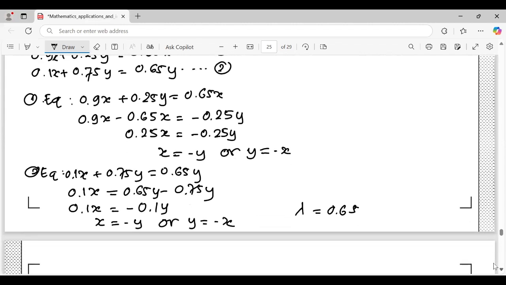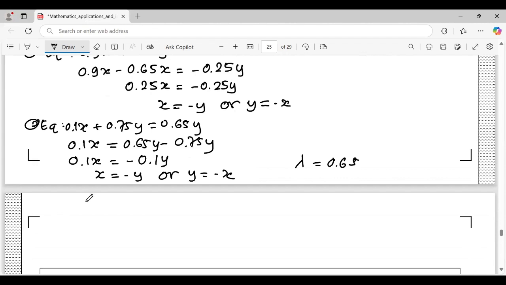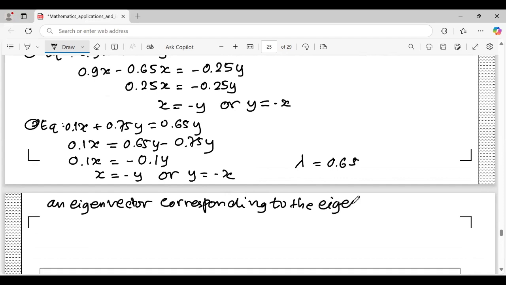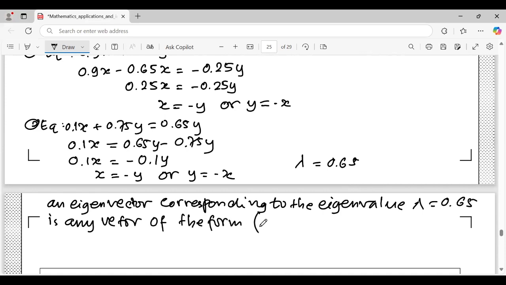So for simplicity, we can choose x equals 1.